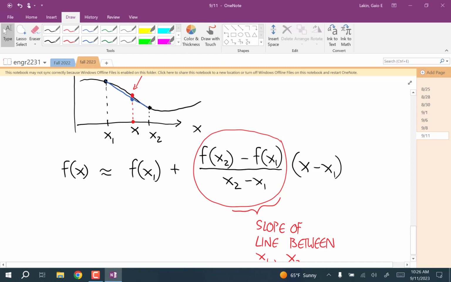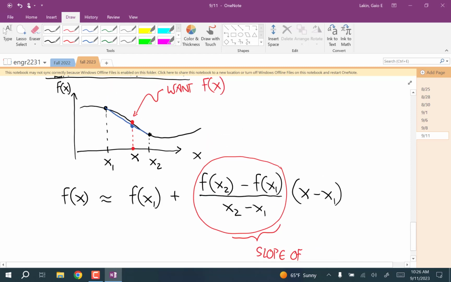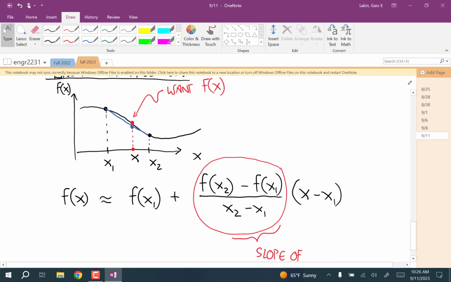So, instead of doing y2 minus y1, we're going to take the integration of x2 and x1. You can think of those as y's, those are the y values. But notice that this term here just gives you the slope of that blue line.